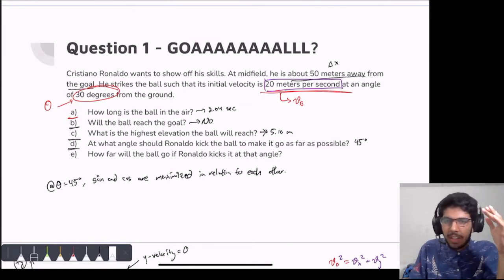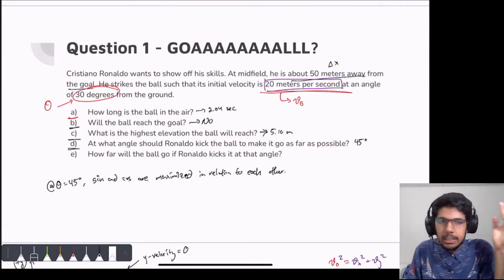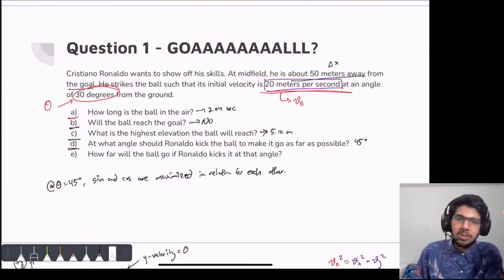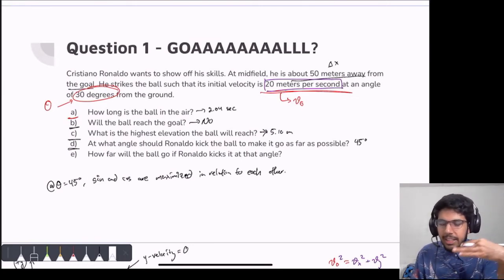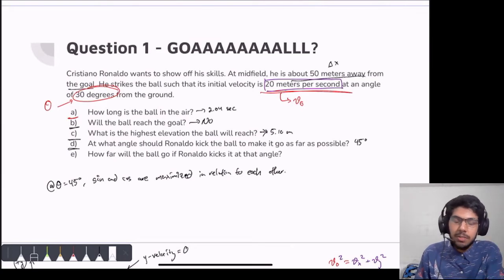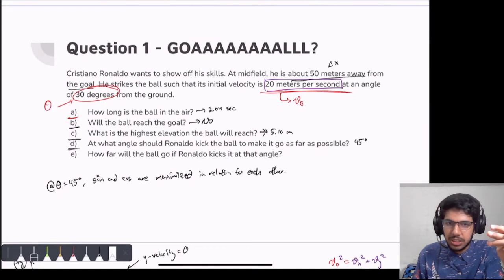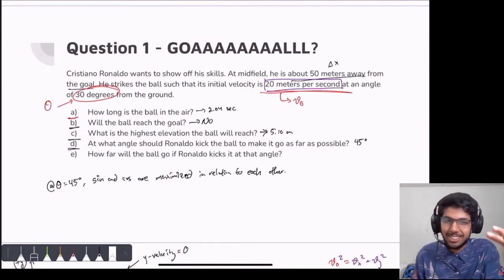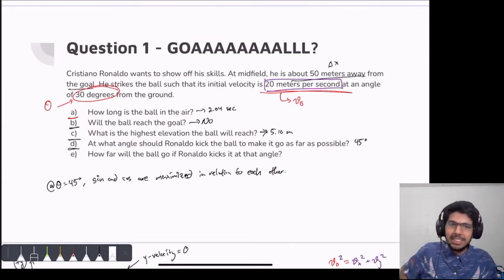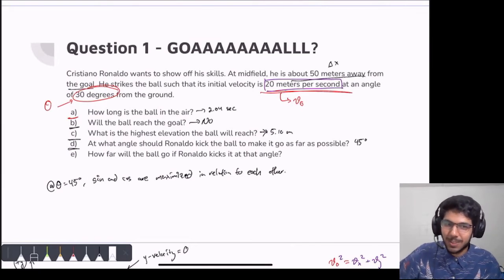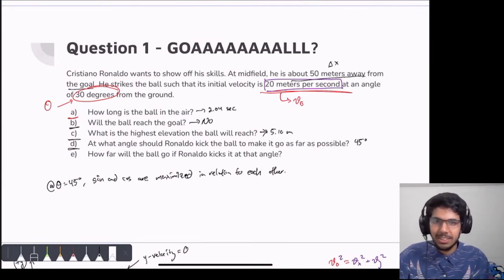But really, at theta equals 45, sine of theta equals cosine of theta equals square root of 2 over 2. And as we start to change theta, one of those quantities, either sine or cosine, gets larger, whereas the other one starts to diminish. So at 45, we're at the sweet spot where they're equal to each other, and that's just the angle that you want to kick it to make it go as far as possible. So whenever we see a question asking what angle should something occur at to make it go as far as possible, it's usually 45 degrees.